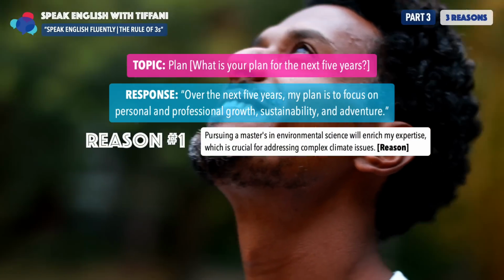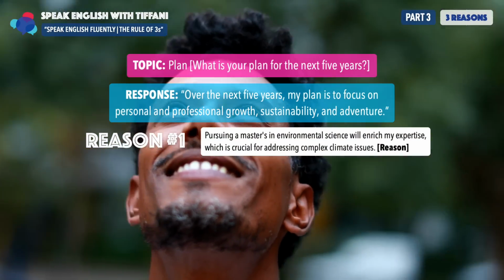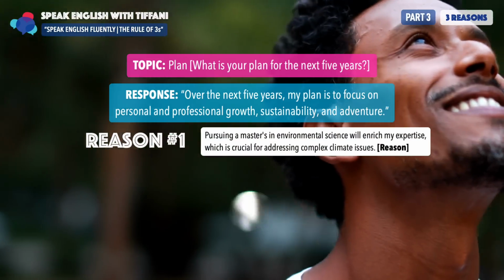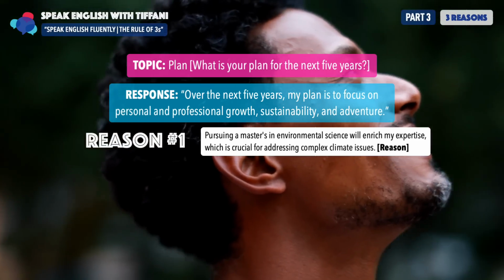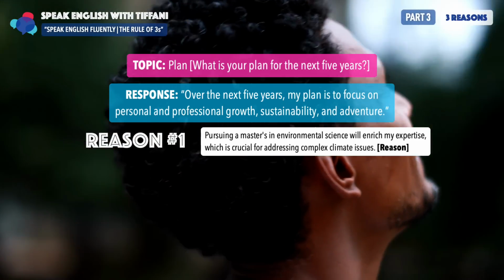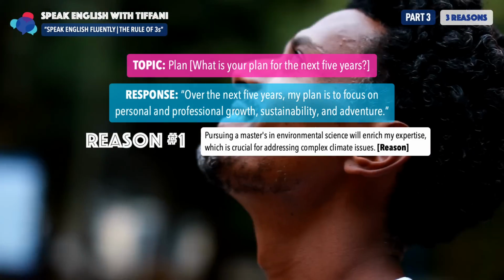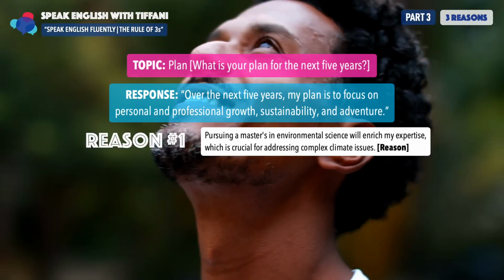Great, same response. However, using the rule of threes, now we're going to add 3 reasons. Here we go. Reason number 1. Pursuing a master's in environmental science will enrich my expertise, which is crucial or important for addressing complex climate issues. Remember, we're helping you sound more like an advanced English speaker.